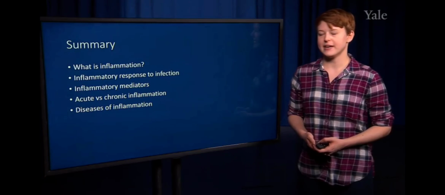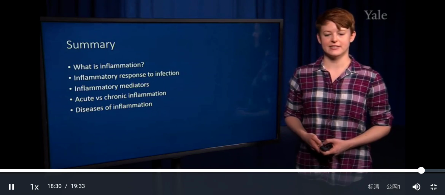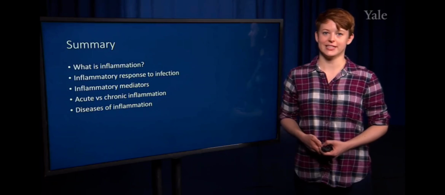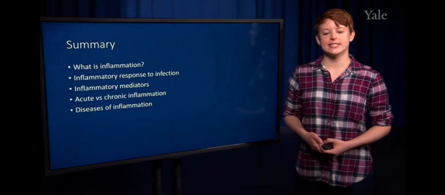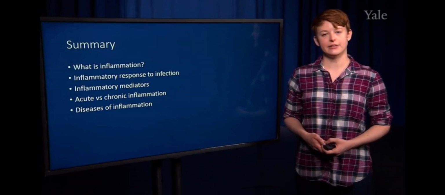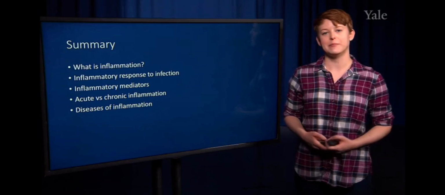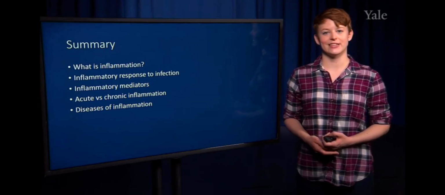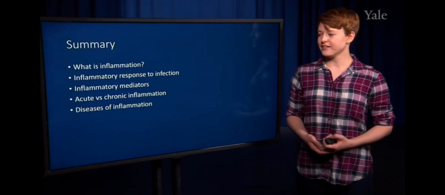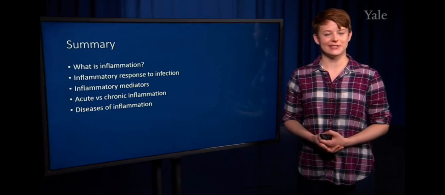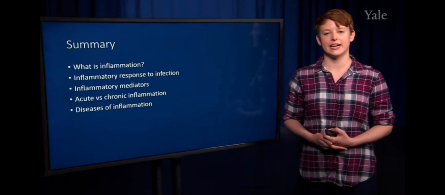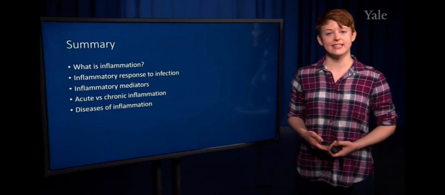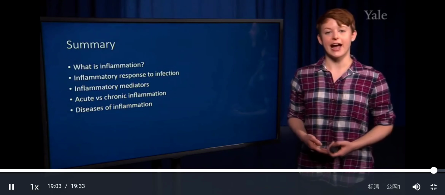We've also talked about the canonical inflammatory response to infection and the inflammatory mediators that are important for this response. Then we discussed the differences between acute and chronic inflammation and how the body either changes or adapts to alterations in homeostasis. And then finally, we talked about a few examples of diseases of inflammation where I showed some ways that inflammatory states can lead to symptoms or outcomes of disease.